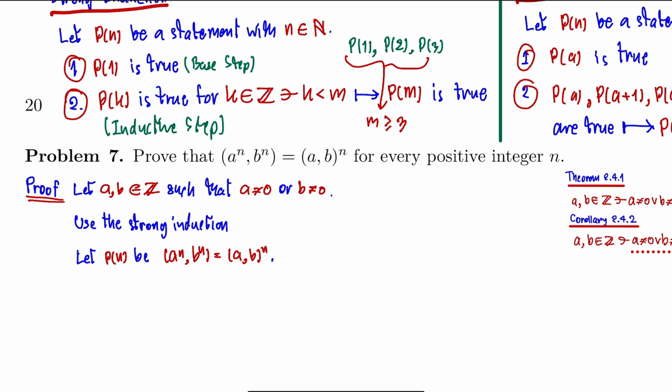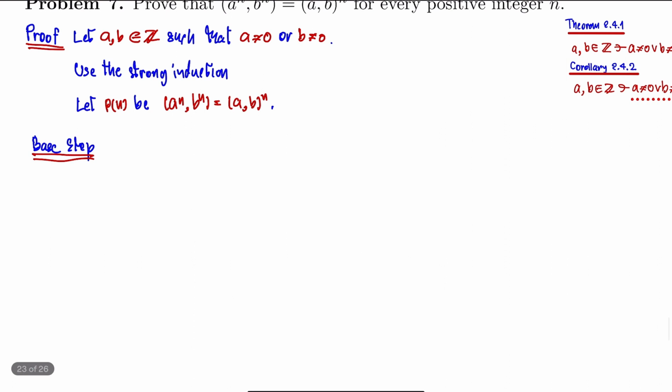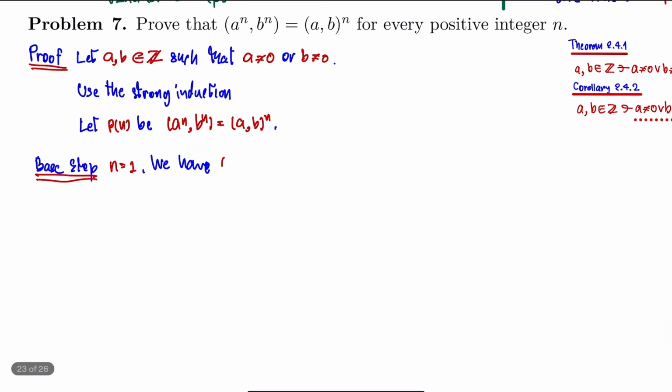Okay, let's start with the base step. In the base step, we let n be 1, right? Then what do we have? We have the greatest common divisor of a to the 1 and b to the 1, which is the greatest common divisor of a and b, which is the greatest common divisor of a and b raised to the 1.